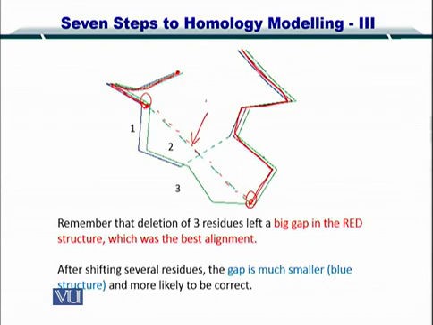So this distance is large. Now we want to manipulate the structure such that this large distance starting from here till here becomes small.